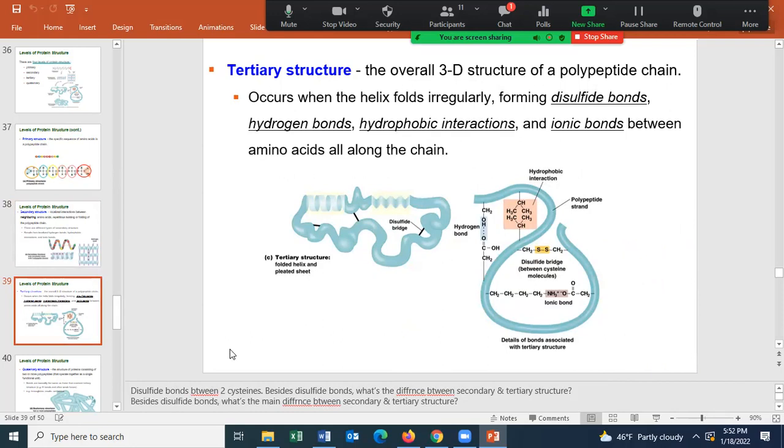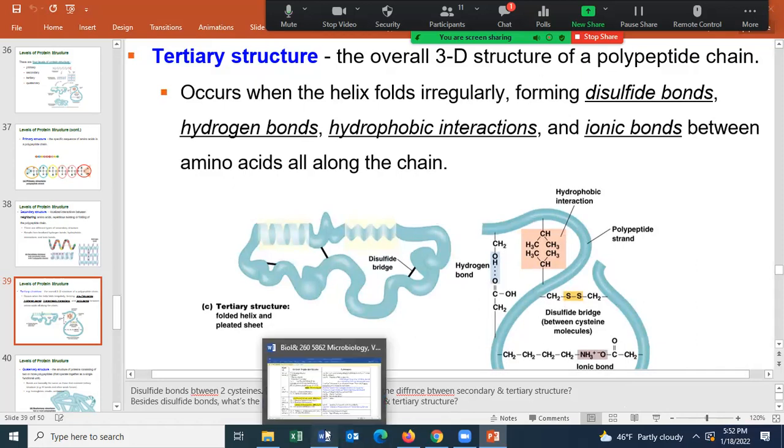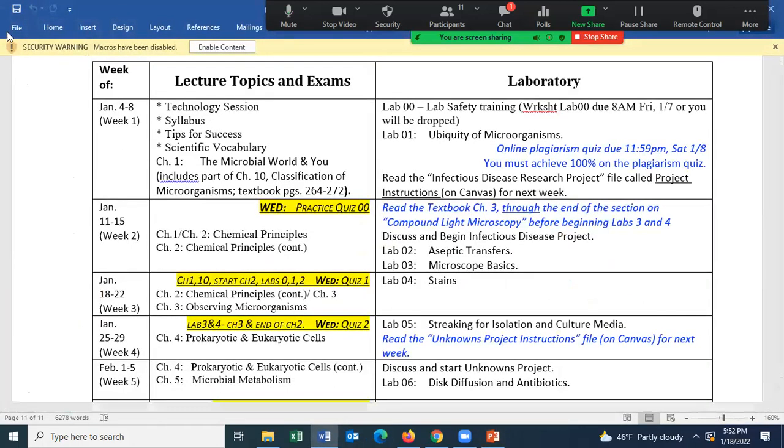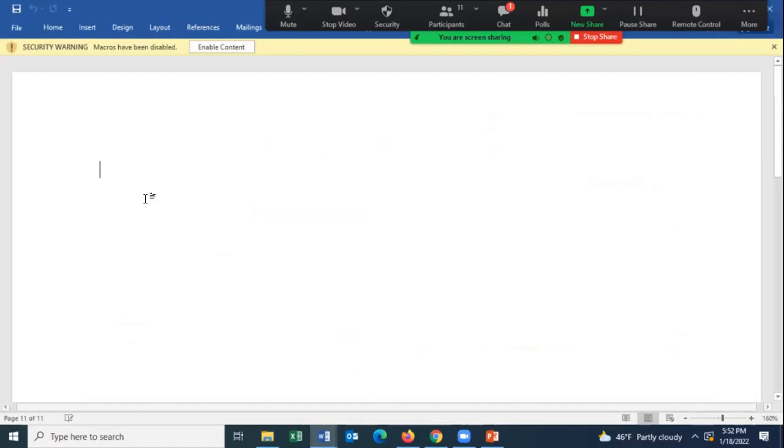What happens is, where do I have that shown? Oh, here it is right here. Let me blow this up. Between the amino acid cysteine, cysteine has a sulfur. Let me show this in a new window. Cysteine, most of the amino acid is here, and it has a sulfhydryl link.